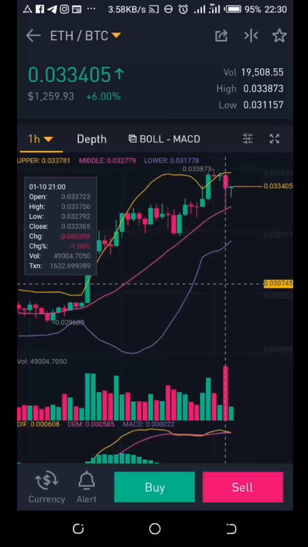if you look by the left hand side, the low says 0.032792. Okay, so we are going to buy in between the high and the low. So we buy very low so we can sell high.